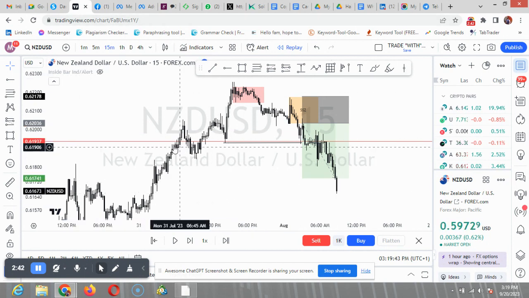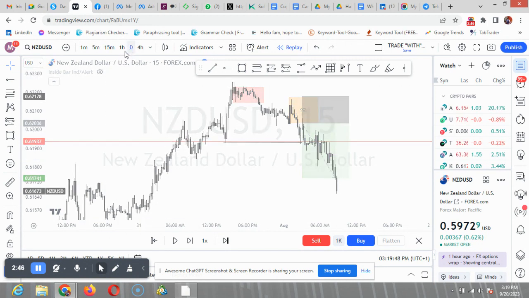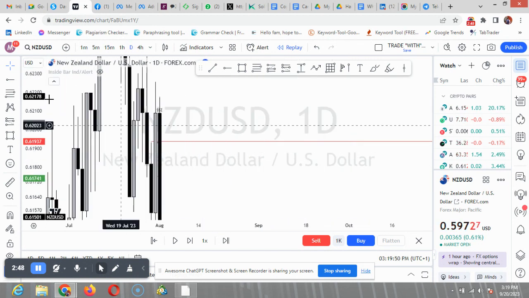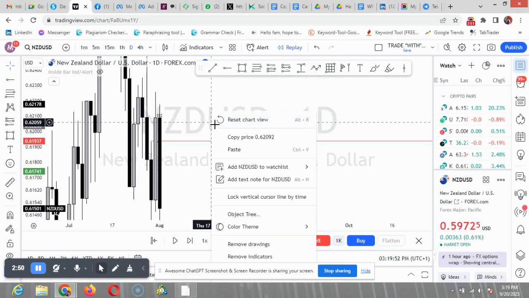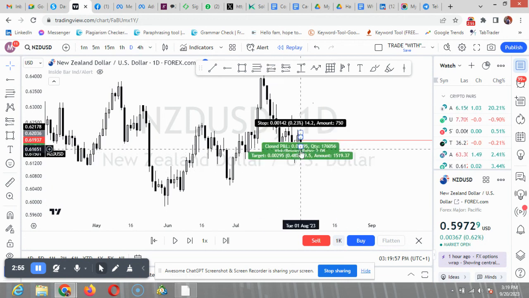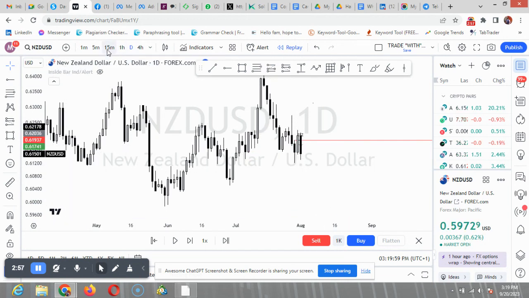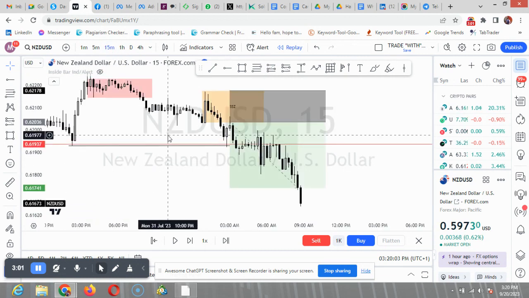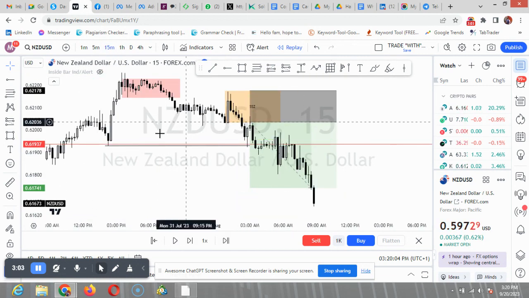First things first, we went to the daily time frame and then we found our sweep of liquidity there, right? See here, we found the sweep of liquidity. And then what happened? We switched to our lower time frame and then we saw this opportunity to enter.